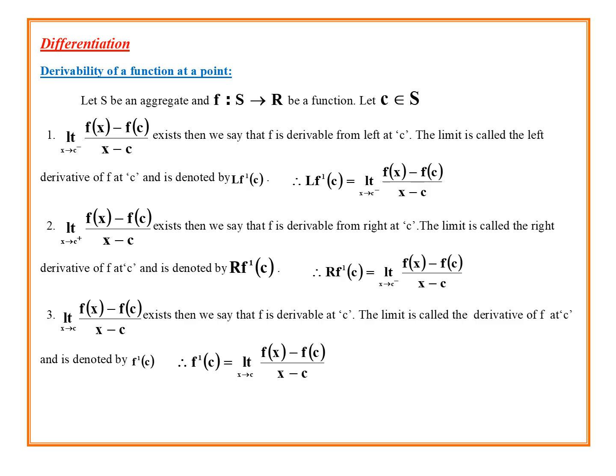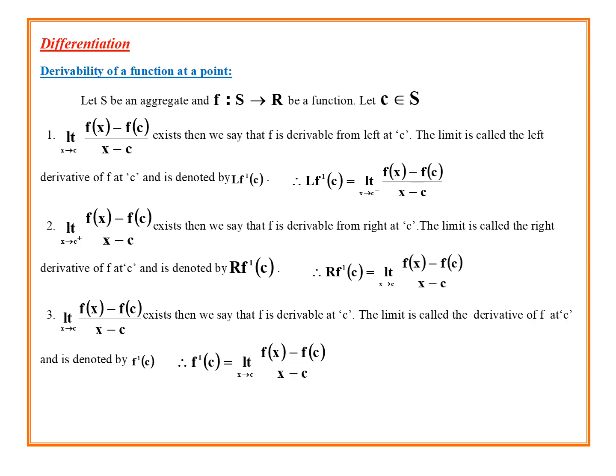Then we say that f is derivable from left at c. The limit is called the left derivative of f at c and it is denoted by L f dash at c. Therefore, L f dash at c is equal to limit x tends to c minus f of x minus f of c by x minus c.